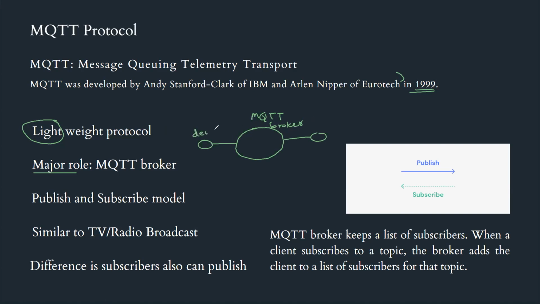If there's device number 1 and device number 2, then the MQTT broker facilitates the communication between device 1 and device 2. So in MQTT communication, direct communication most of the time does not happen, but the communication happens through this MQTT broker. We first send the data to this broker, and the broker sends the data to the necessary receiver.